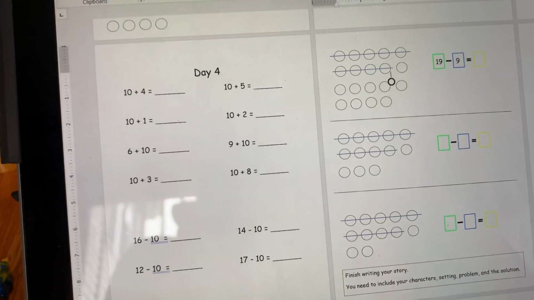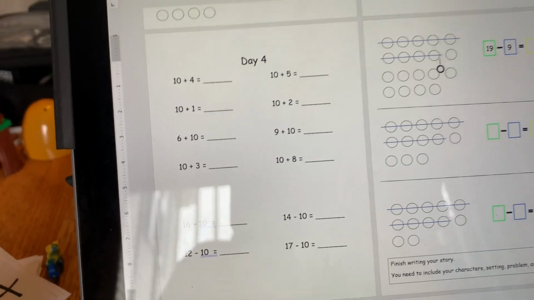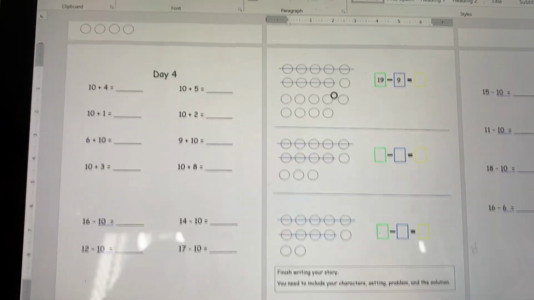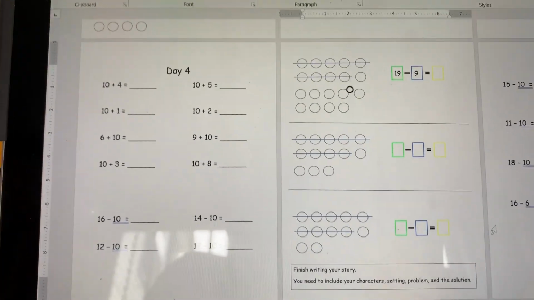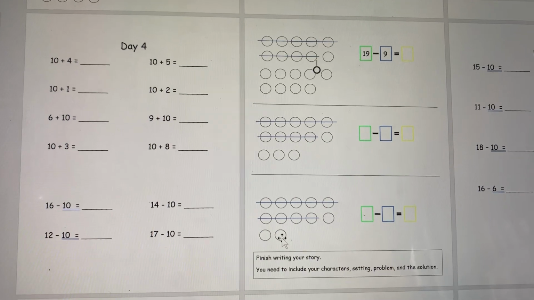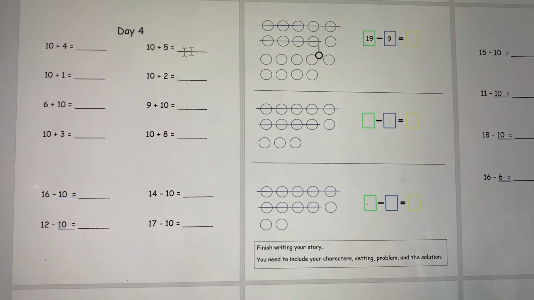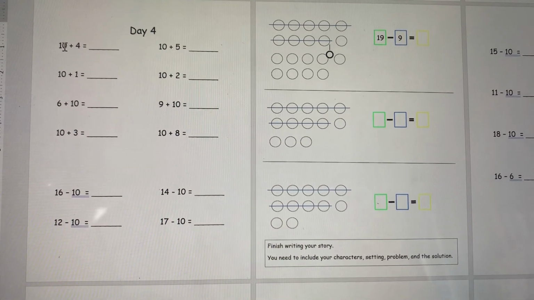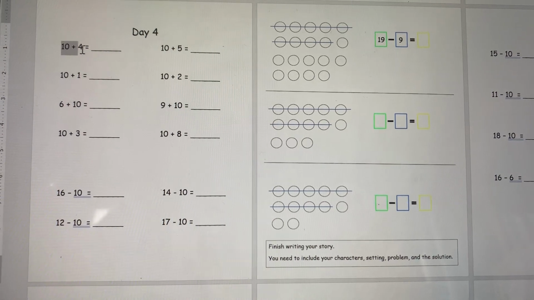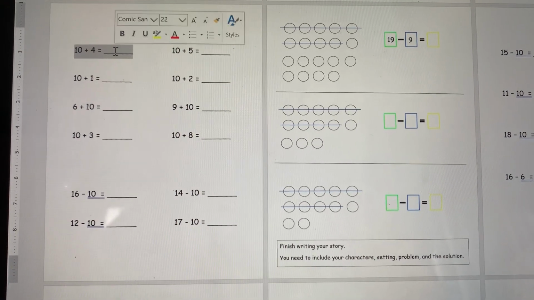So for the math, for day 4 and 5, they're very similar. So I'm going to do some of the day 4 and then a few of the day 5s with you. So up here, we have 10 plus 4 equals blank.